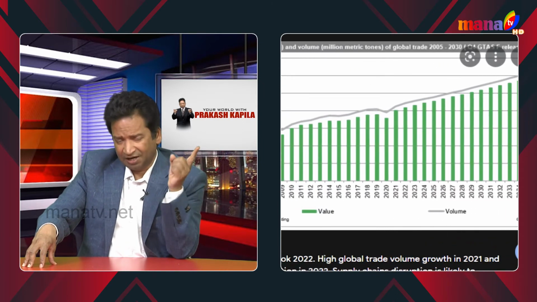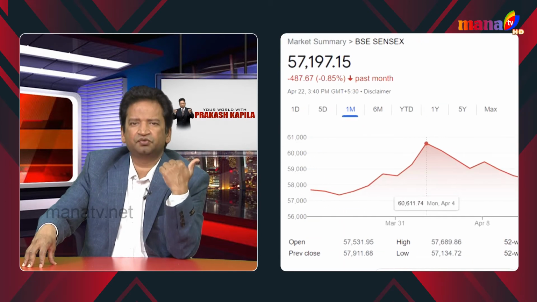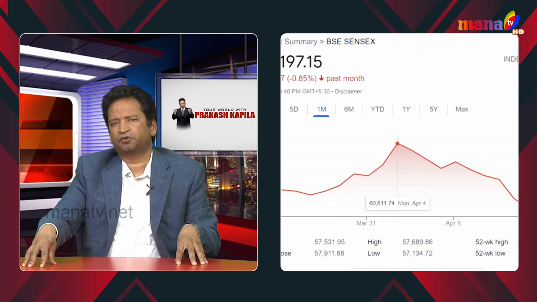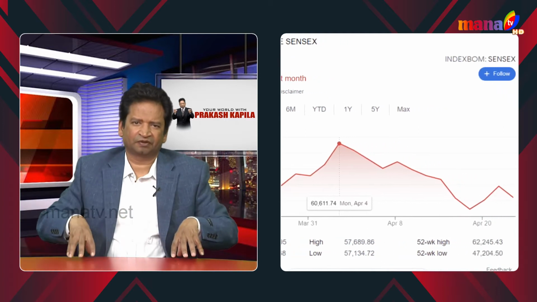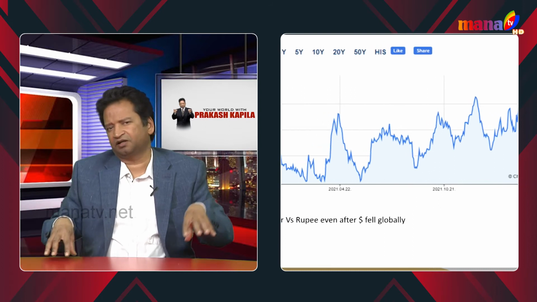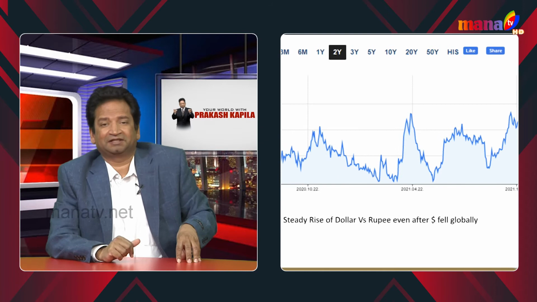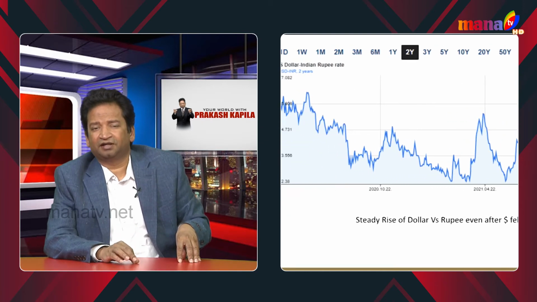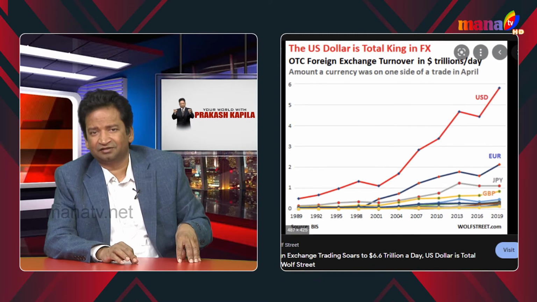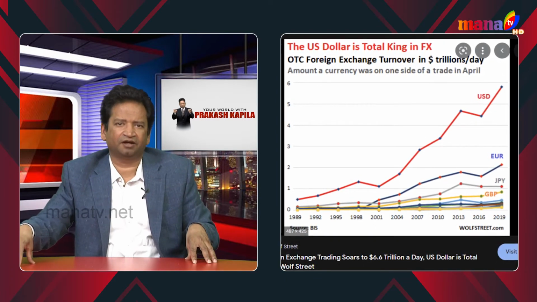However, there is one importing country that commands a huge position, and that is the US. US imports goods from all over the place. It imports from Africa, it imports from Europe, it imports from India. Incidentally, the largest exporting nation for India is the US.